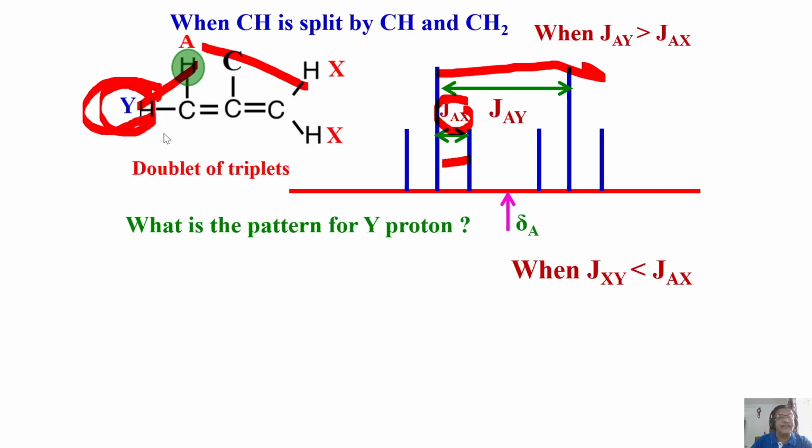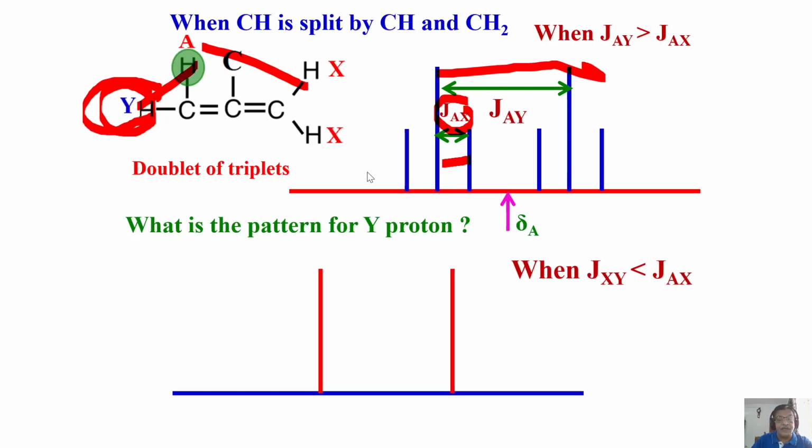Now in this case again, JXY is very much smaller than AX. Now the Y proton is a doublet. First, which is the largest coupling? It should not be AX, it should have been AY.